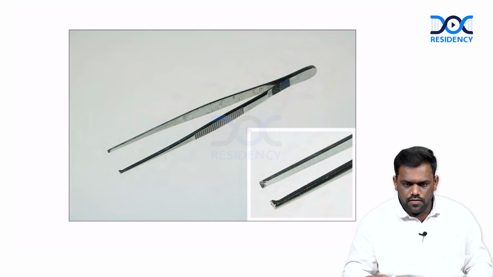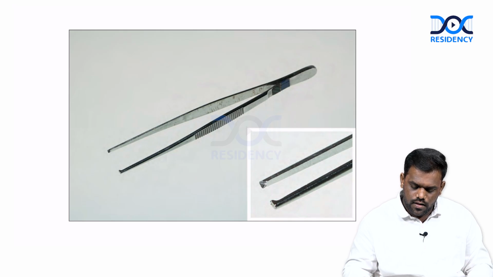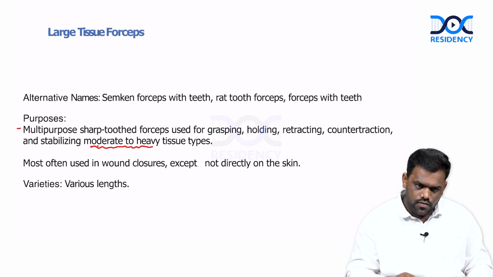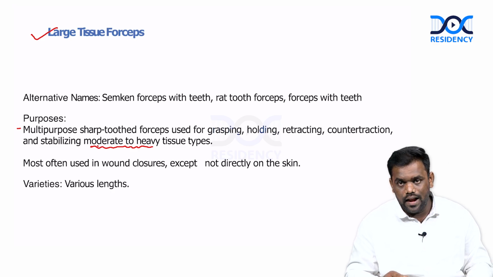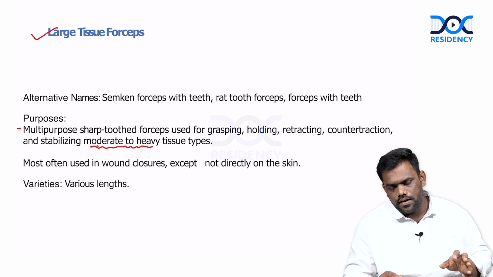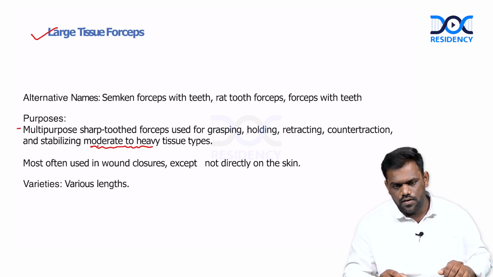Identify this instrument. This also looks like a tooth forceps. It is a large tissue forceps, otherwise called a Semken forceps with the teeth, rat tooth forceps or forceps with the teeth. It is also used to grasp moderate to heavy tissue types.